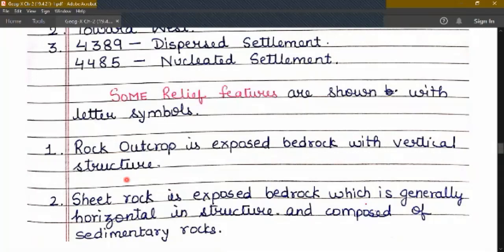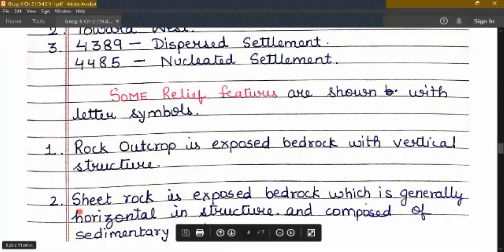On the topo sheet, it is represented with the name only, rock outcrop. Similarly, sheet rock is also shown with the name sheet rock. Sheet rock is exposed bedrock, which is generally horizontal in structure and composed of sedimentary rocks.